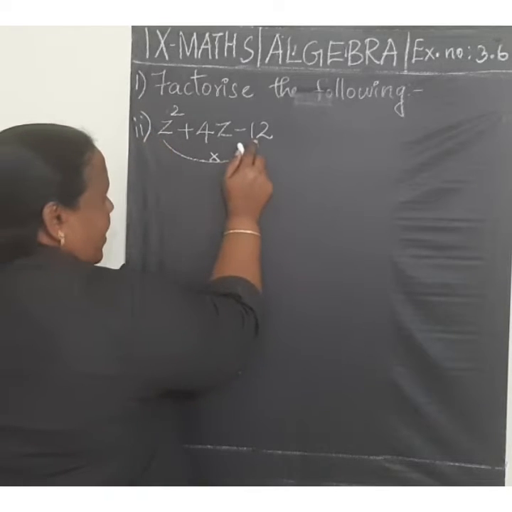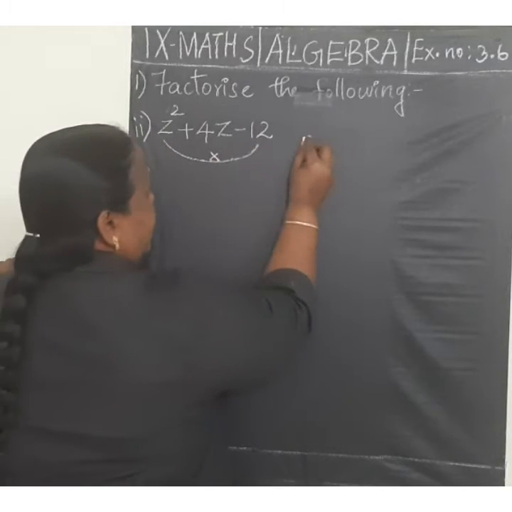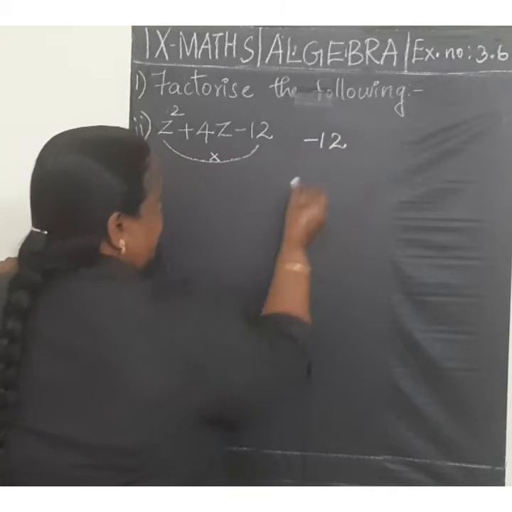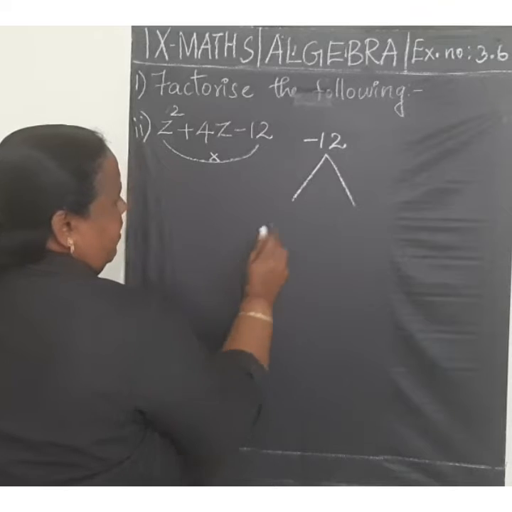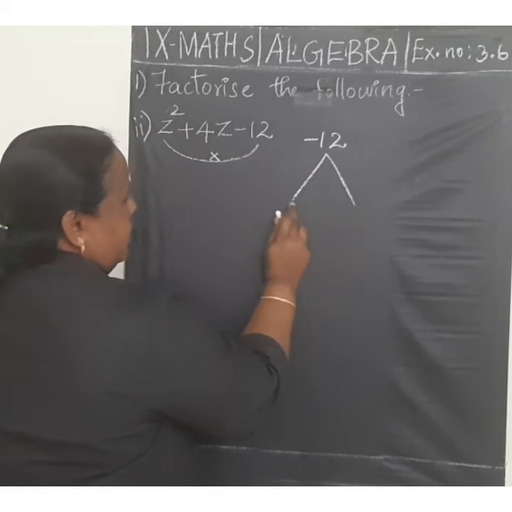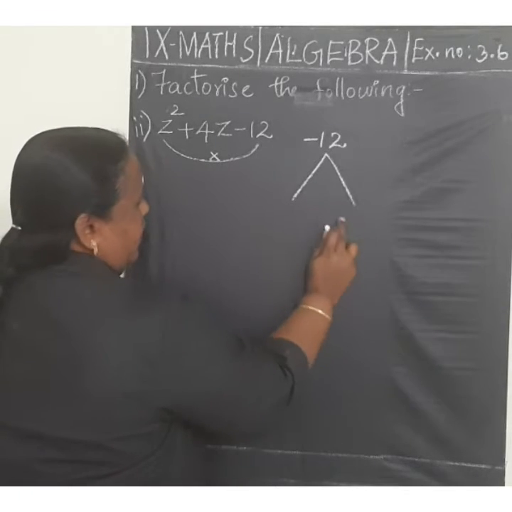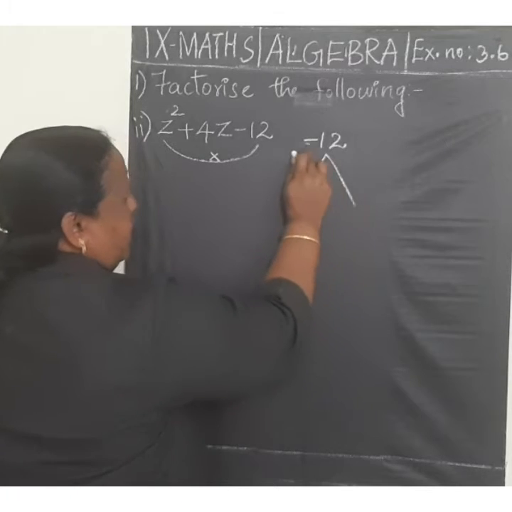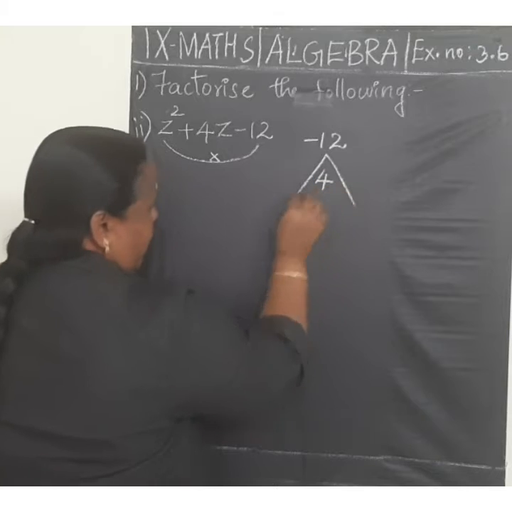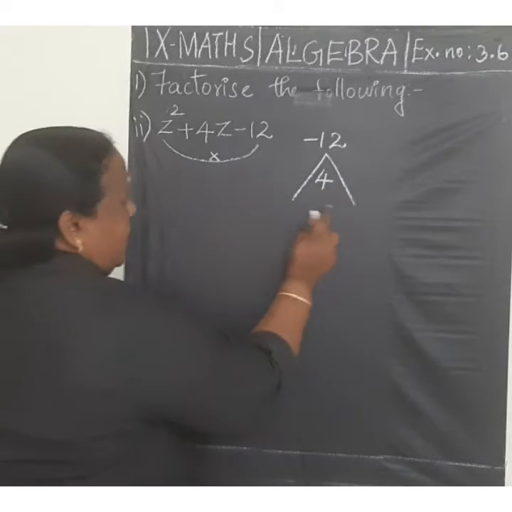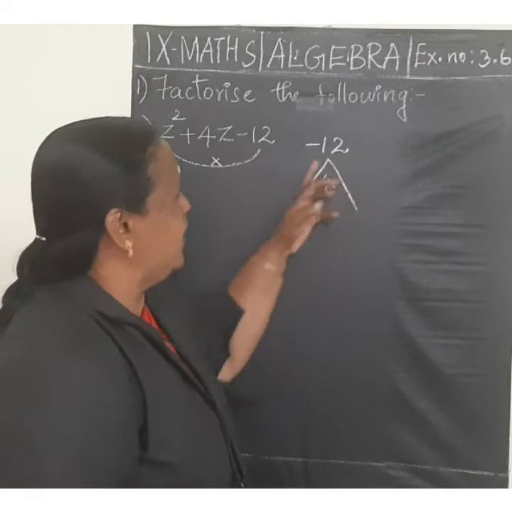So 1 into 12 is 12, and the minus sign is there, so we take minus 12. Then we have to find the factors for this 12. We need two numbers which, when multiplied, give minus 12, and when added or subtracted, give 4. So first we'll find the factors for 12.